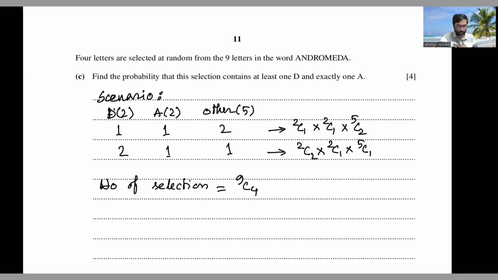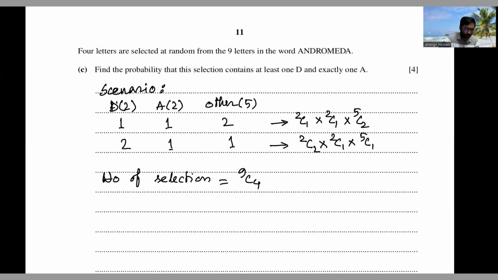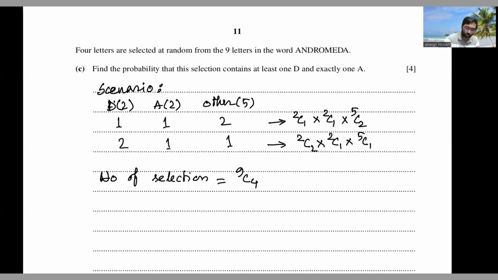Although among these selections there might be some identical ones, since we are finding the probability, you have to consider the identical selections as separate selections. So the total probability will be, you need to calculate this one.